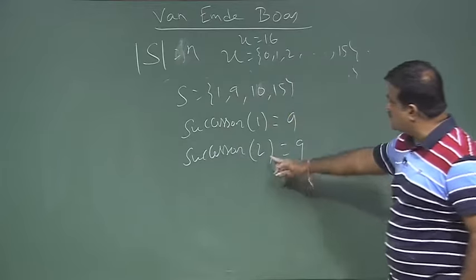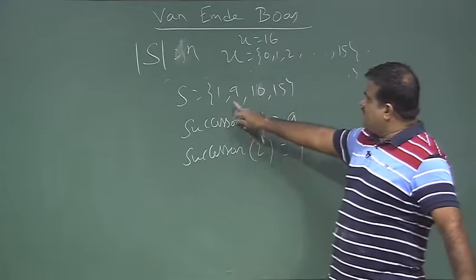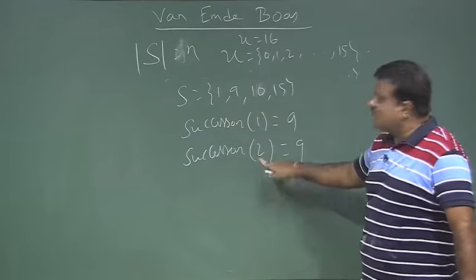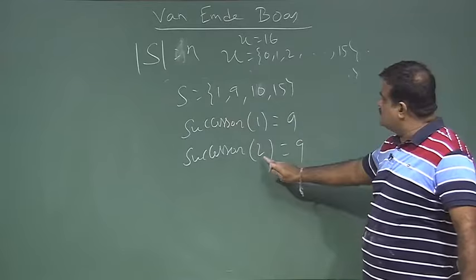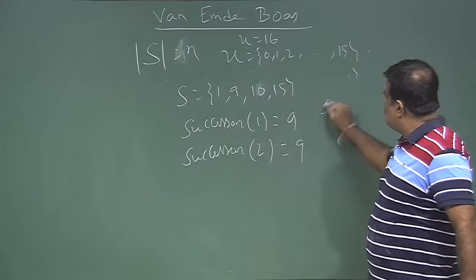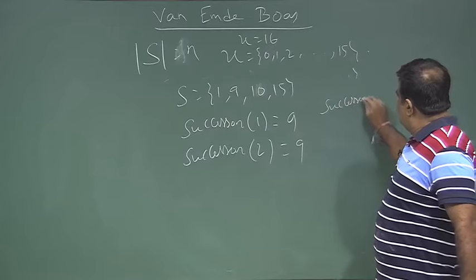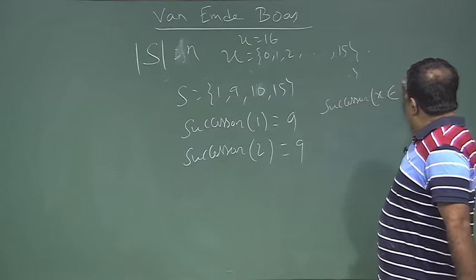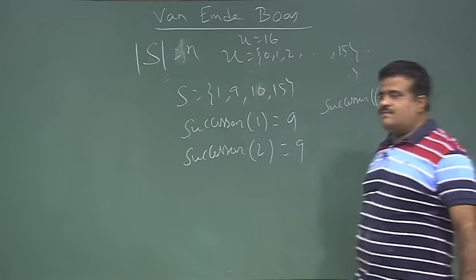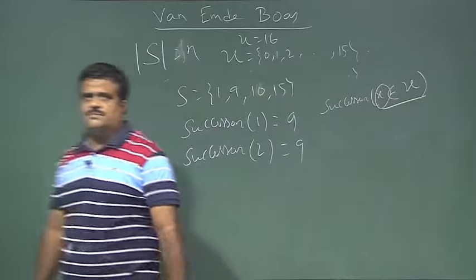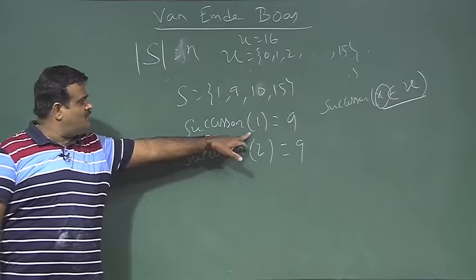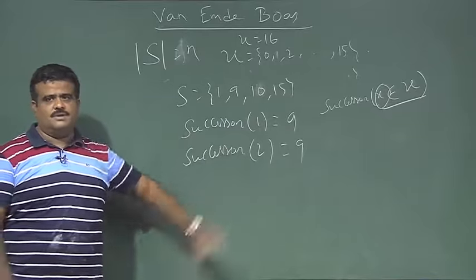So the successor of x means the next element in S after x, and this x need not be in S. We can query the successor for any element from the universe. It may be in S, for example 1, but it may not be in S, for example 2.